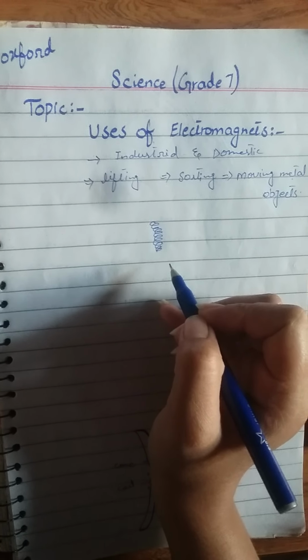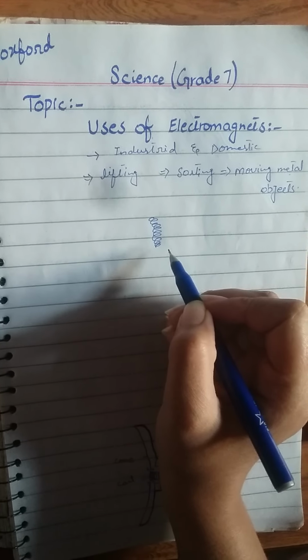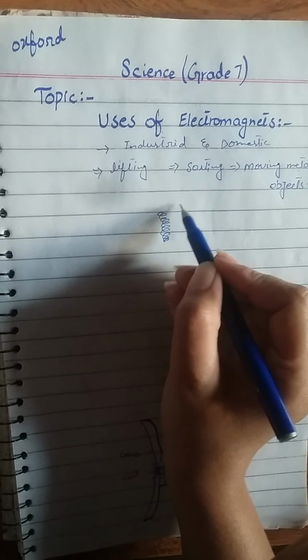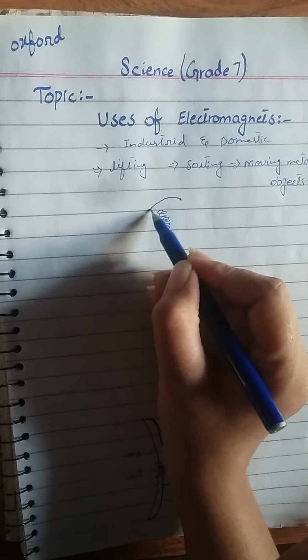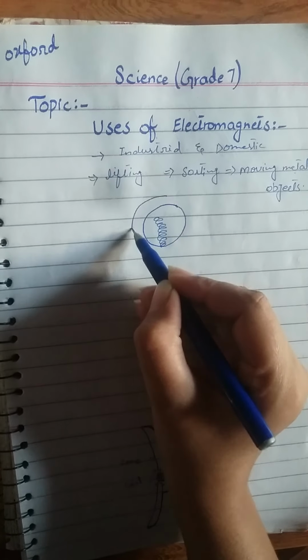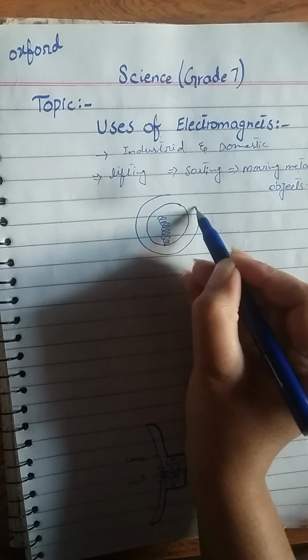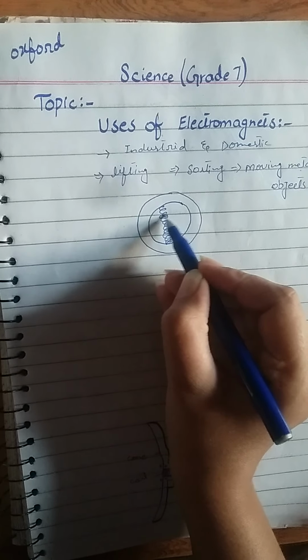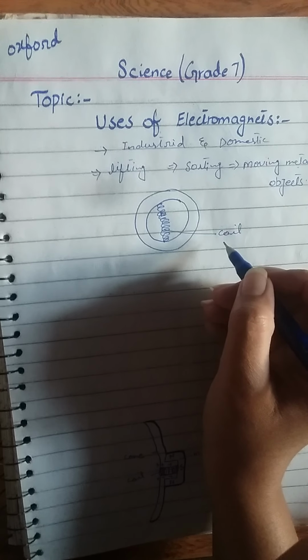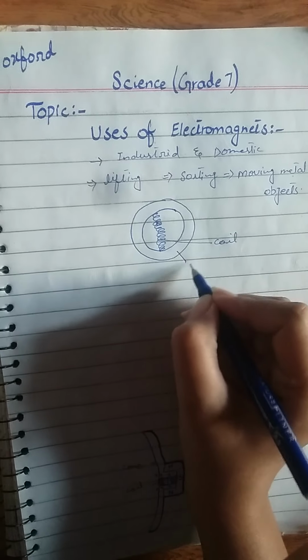This coil is wound around it, and around this coil is the outer core.